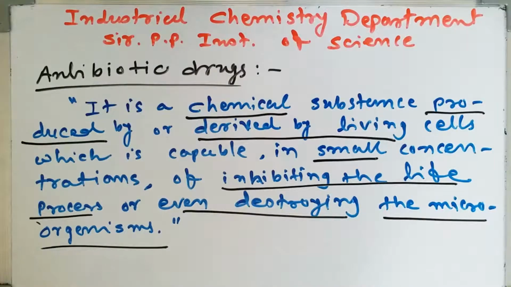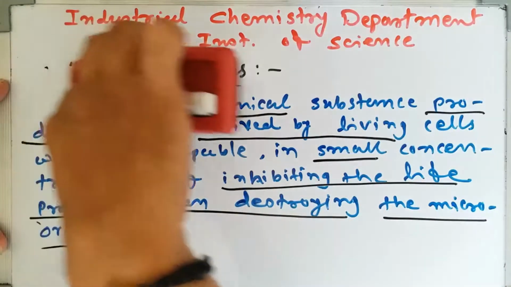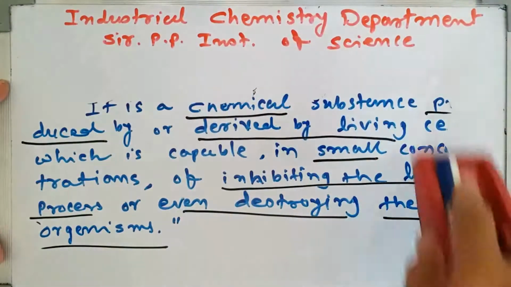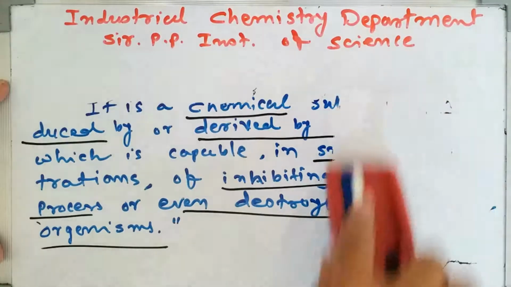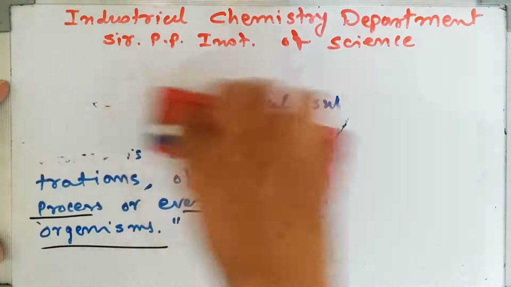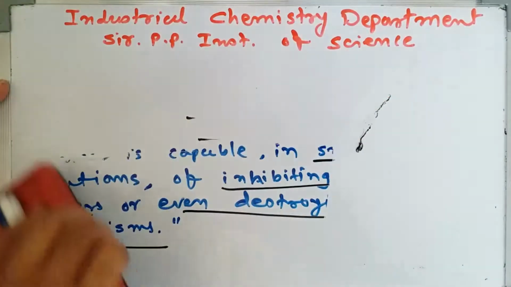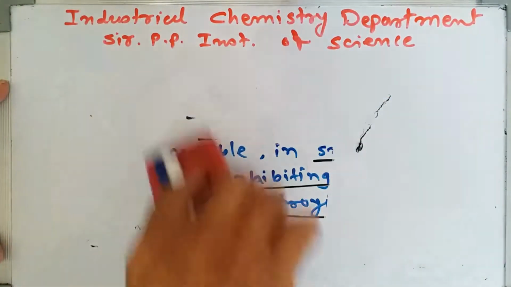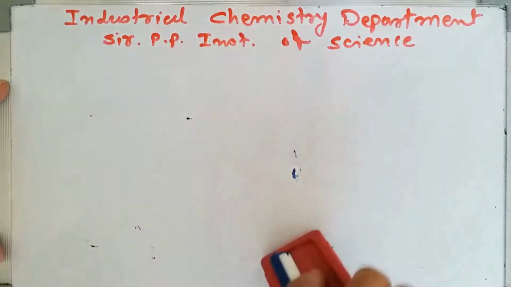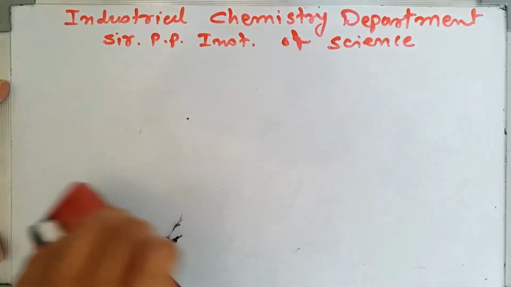In this class of drugs, we have only one compound, and the name of this compound is chloramphenicol. So first of all, we see the synthesis of chloramphenicol, and then we discuss its medicinal application.